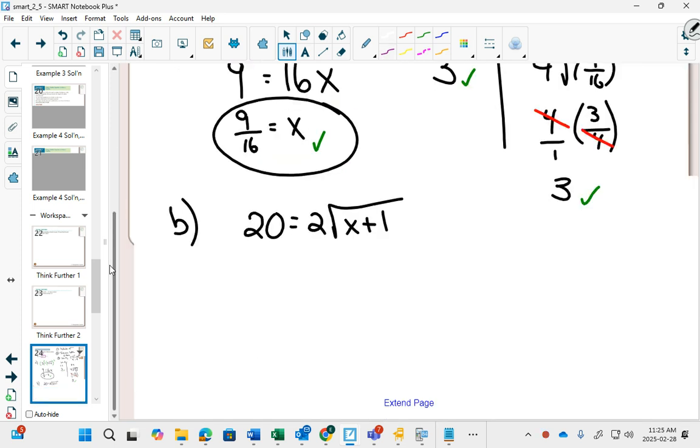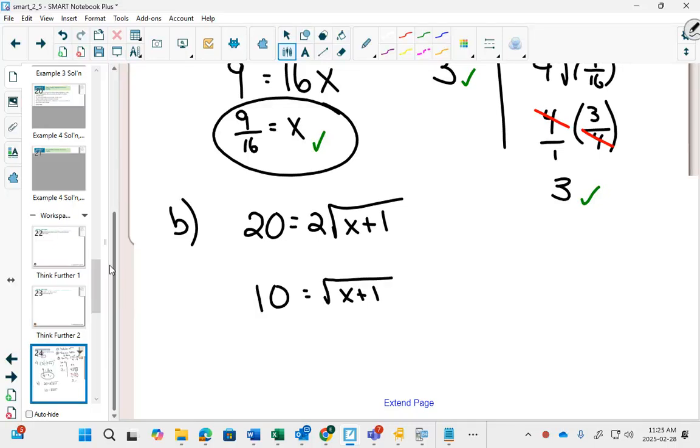I have isolated the term with the square root. There is a number in front. In this situation, I would be like, ooh, but simplifying it would be pretty easy. Can you see you could divide both sides by 2? If I divide both sides by 2, I get smaller numbers.